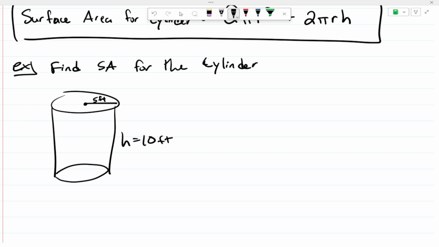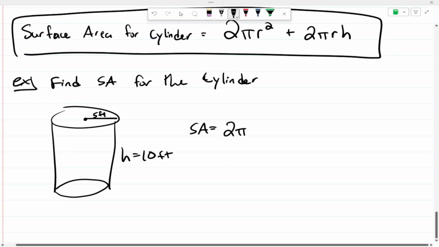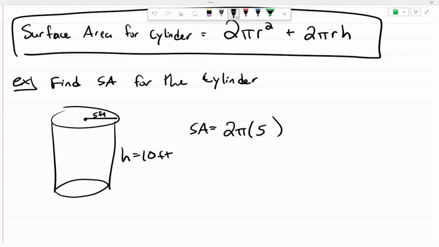So this is a pretty big, I don't know, silo, if you will. All right. The surface area is going to be 2 times pi times r. Now, r in this case is going to be 5 to the second power plus 2 pi times 5 times 10.